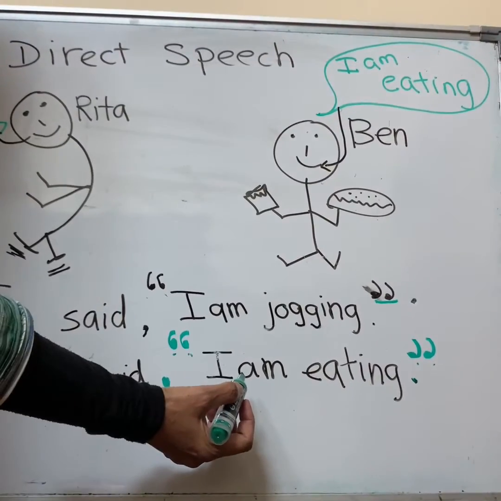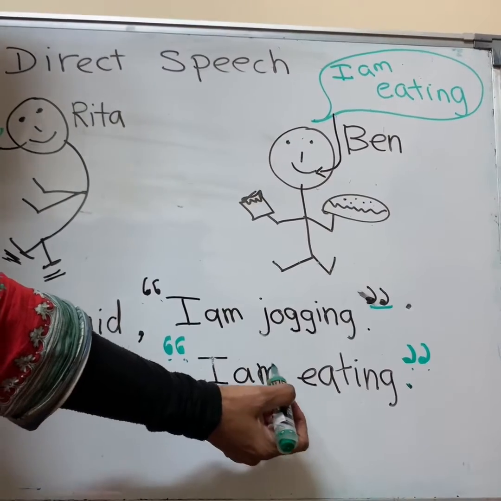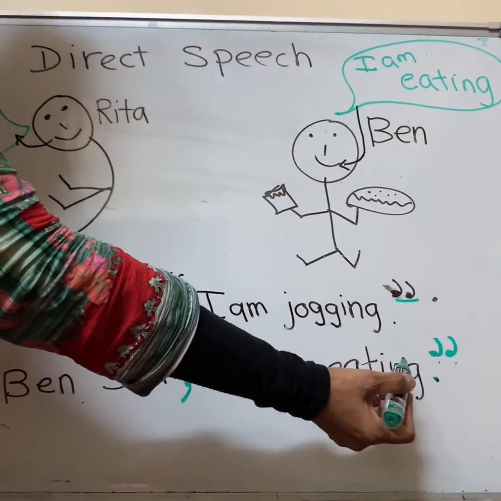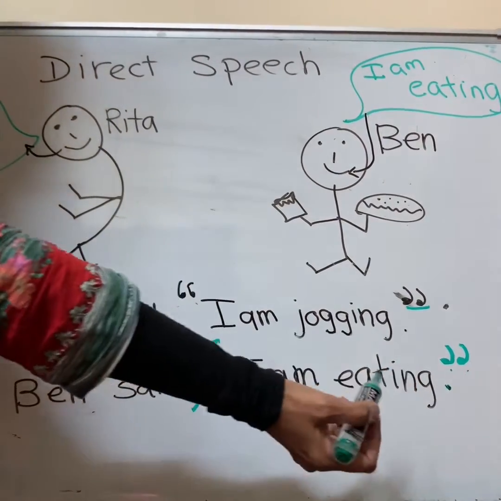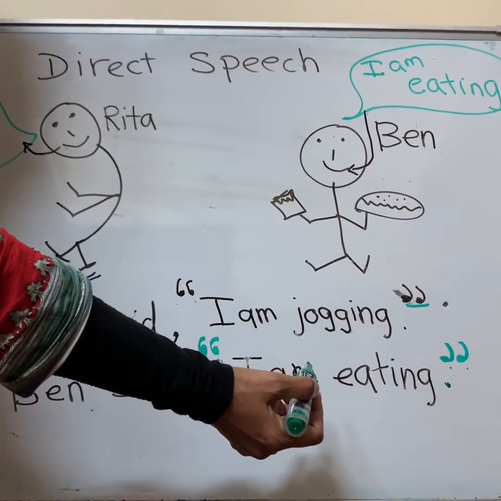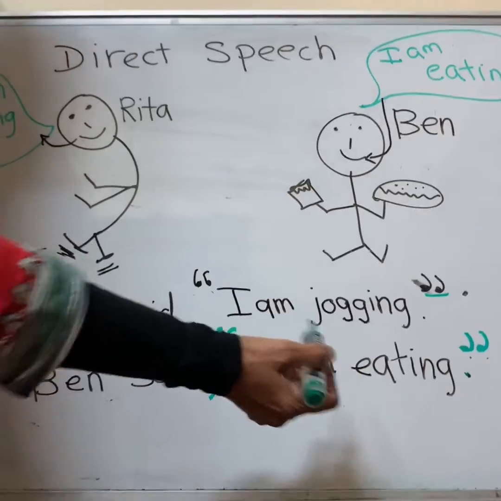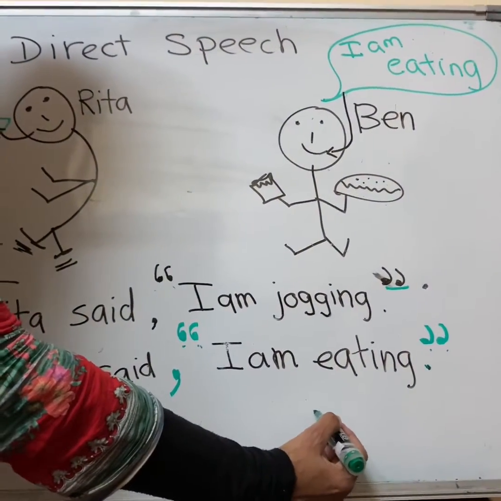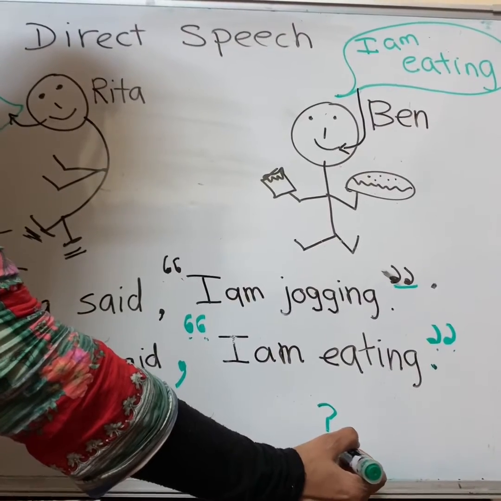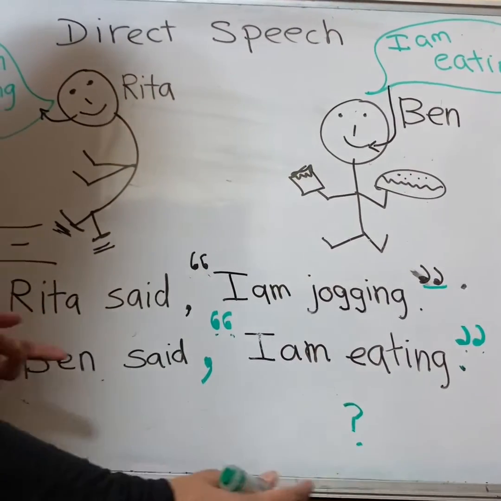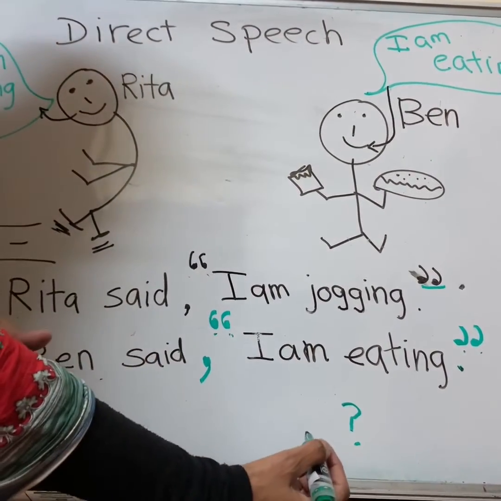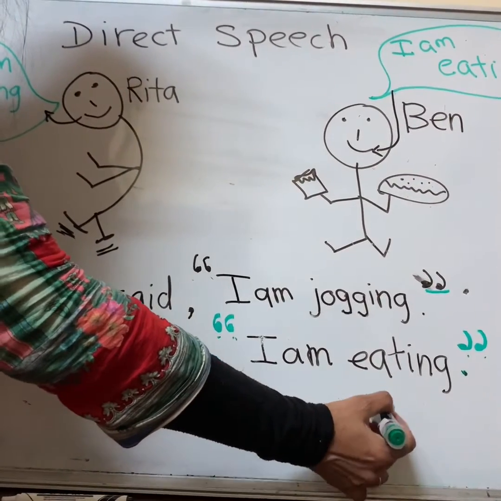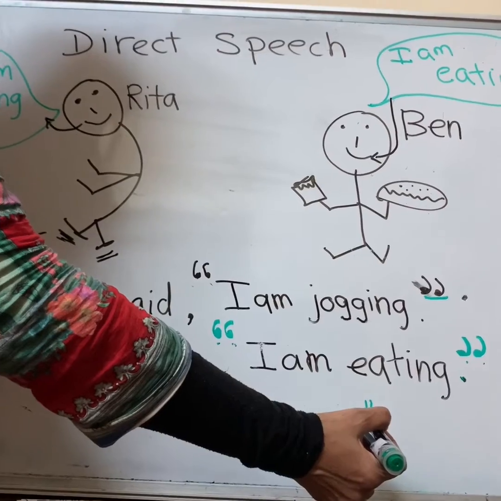So make a note of this. Sometimes it can be a question. Okay? Reem asked, are you going to sleep now? So we can't keep a full stop at that time. We have to keep a question mark, like Ben asked Rita, are you going to sleep? At that time we will end with a question mark and then we will close our speech marks.